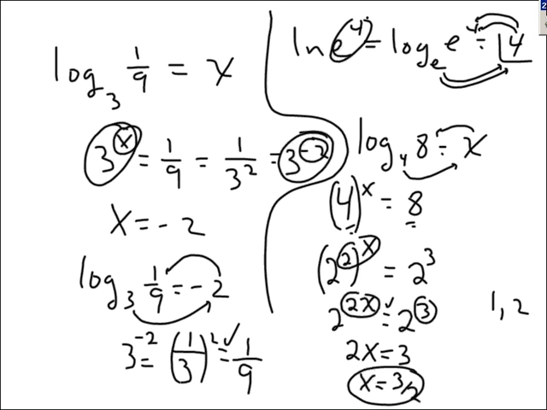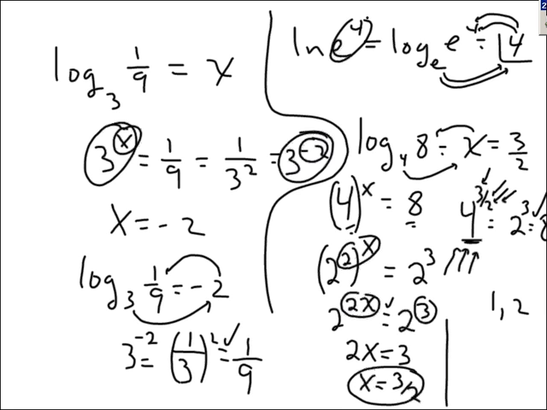4 to the 3 halves power is 8. Let's check that. 4 to the 3 halves power. That 2 is what to deal with first. 4, what times itself 2 times gives you 4? 2. Now cube that answer, and you get 8.